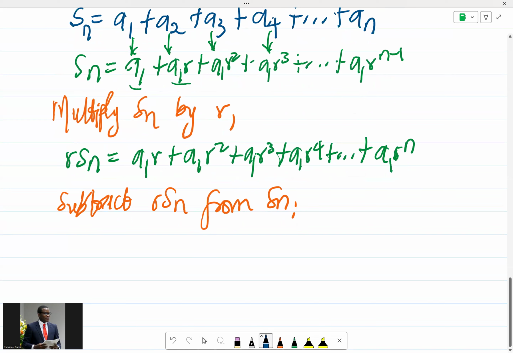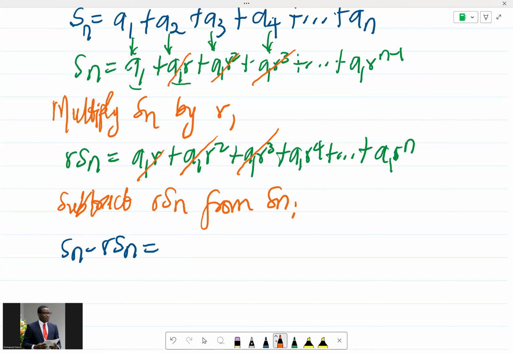We now have Sn minus R Sn. If you look at the terms, this can easily knock this out. We are saying all this minus all this, right? So this can knock this out. This will knock this out. This will knock this out.